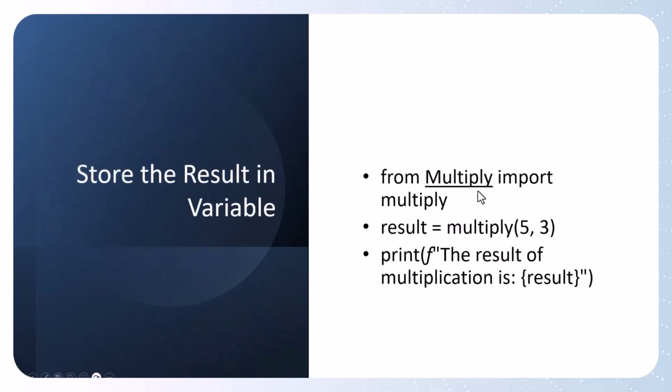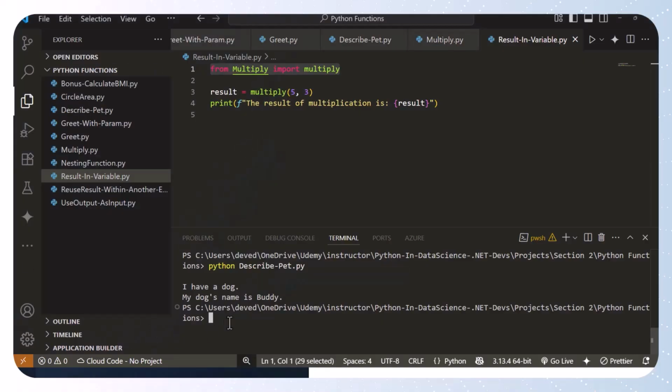Now this is what we are going to run on Visual Studio Code. From multiply import multiply. The first multiply is the file name and the second is the function name. Then result equals multiply, passing these two arguments 5 and 3, and the result of this multiplication is the result. So let's run it. Now here is that function.